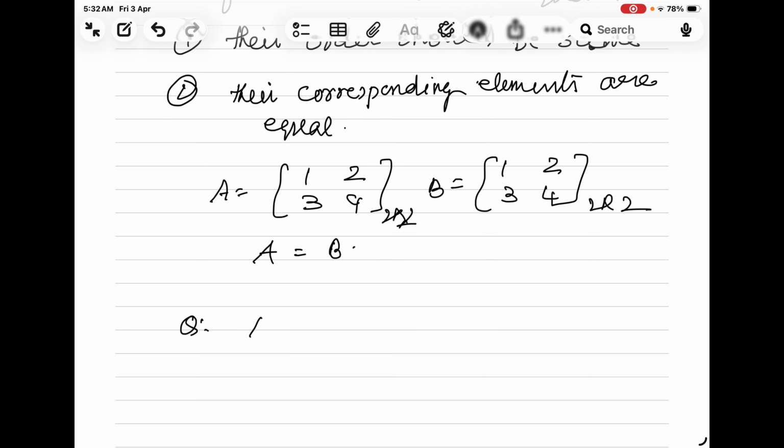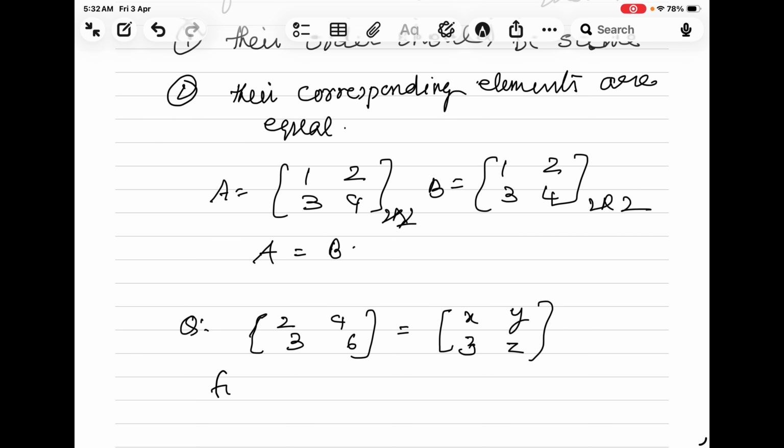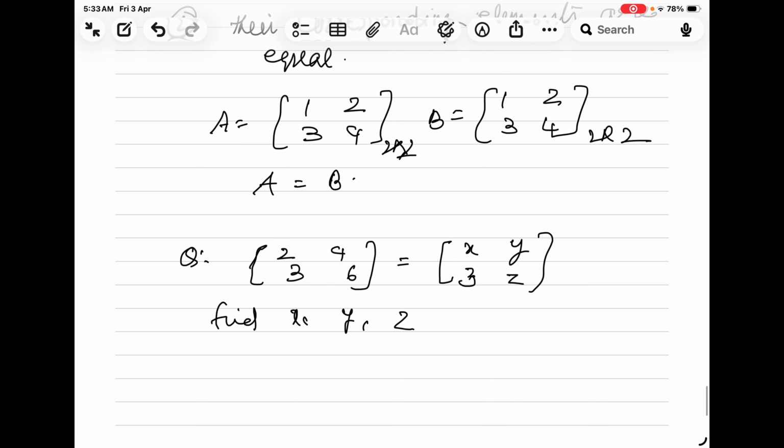Questions. Matrix 2 4 6 equal to matrix X Y Z. Find X, Y, Z. Then how will you do this? These two matrices are equal, therefore their corresponding elements will be equal.